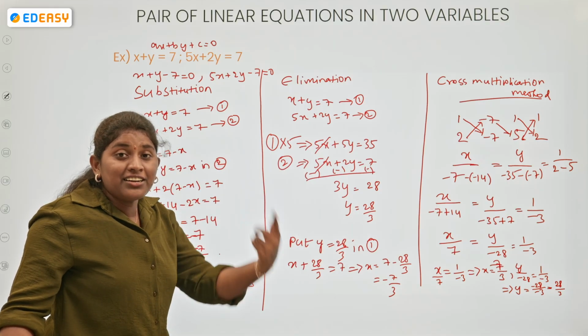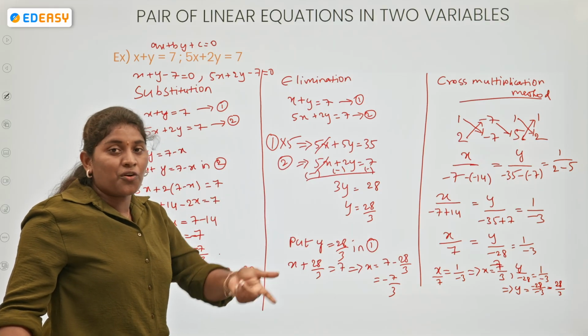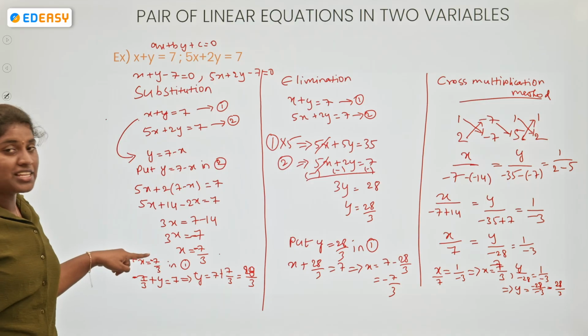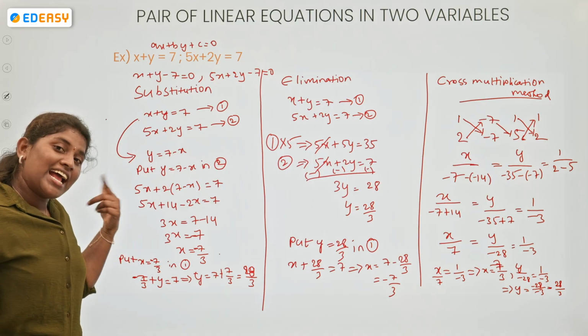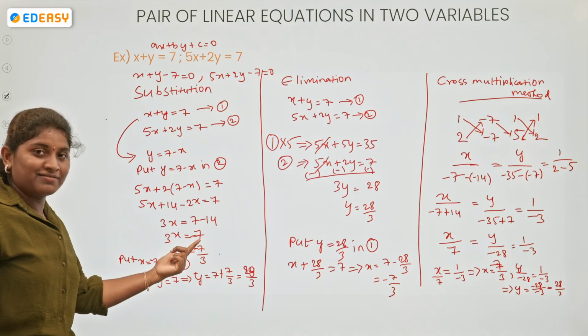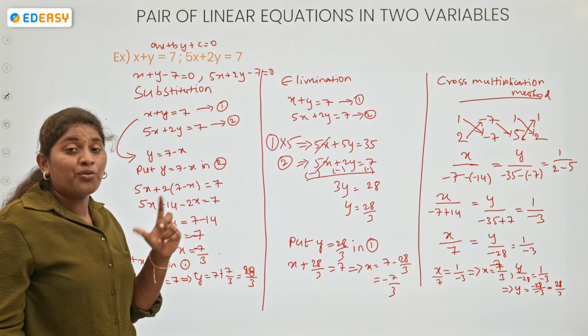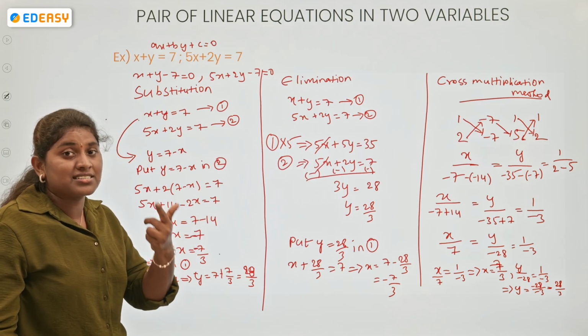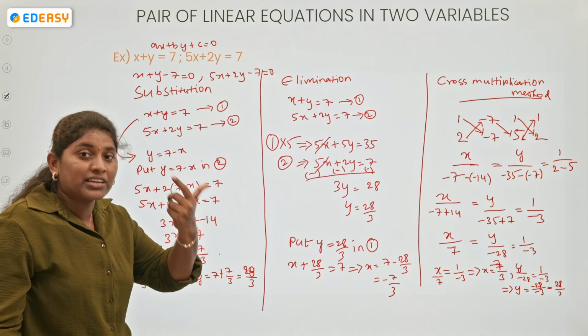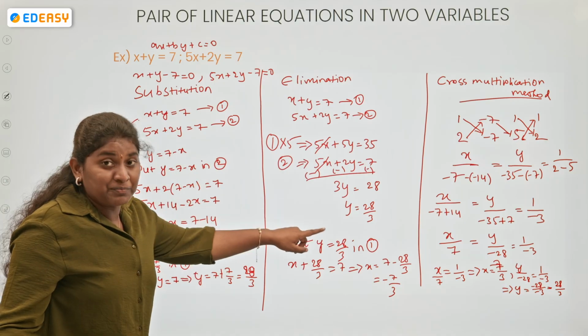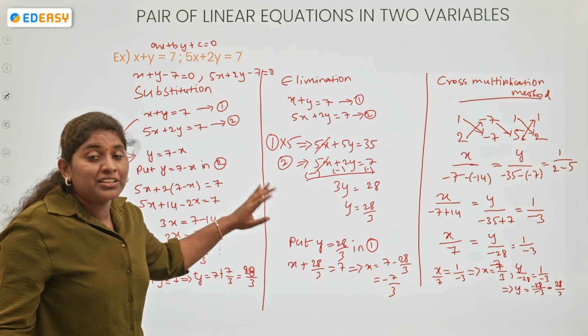For that reason, I have once again cross checked the solution with the substitution method, and I found a mistake here. Clear everyone? So now how can we know whether our answer is correct or not? Whenever you got confused at that time, you can verify that with the other method.